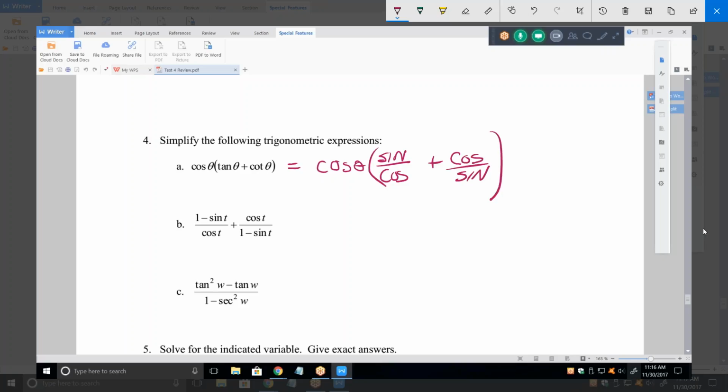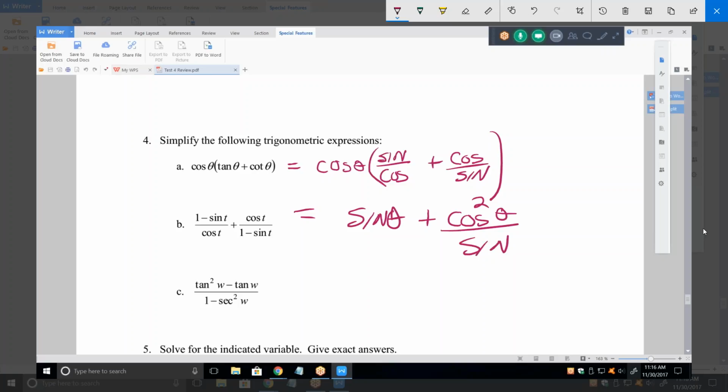Now, before we go to the trouble to find a common denominator and add those two terms, it might be better to just multiply by the cosine of theta and see what we get. Because the first term turns out to just be sine. The next term turns out to be cosine squared over sine.